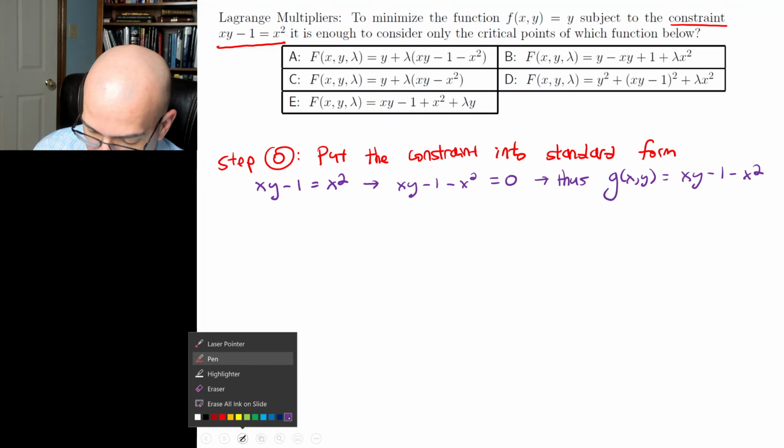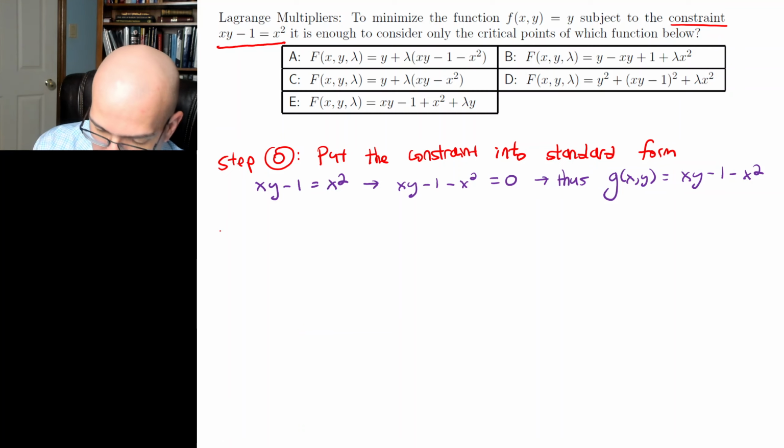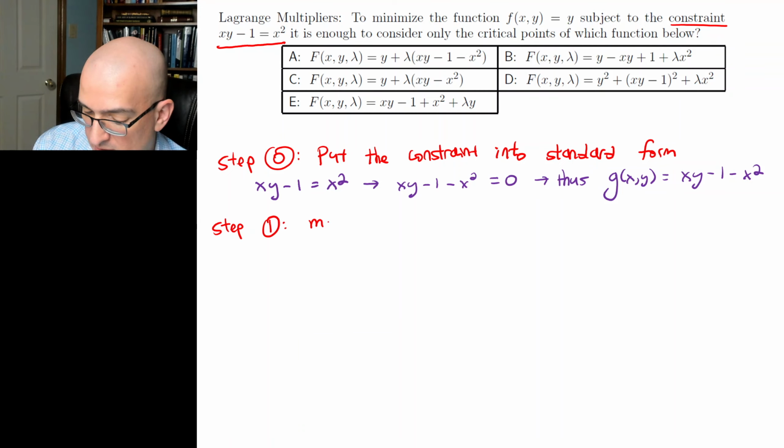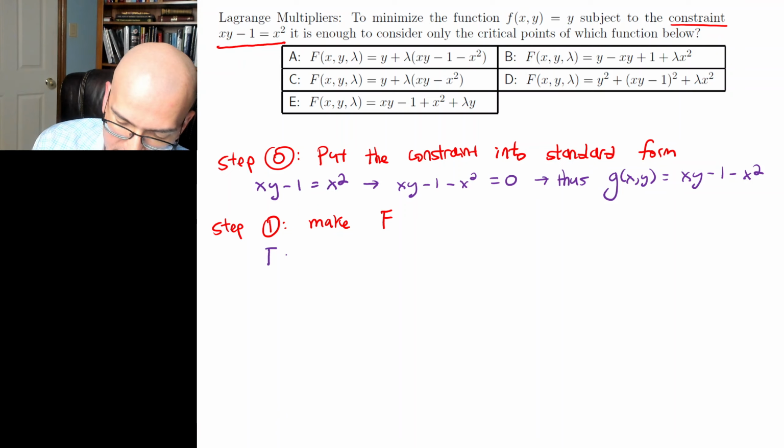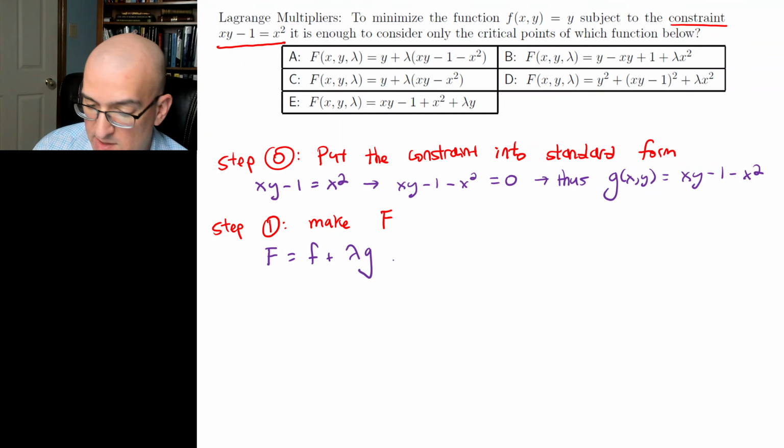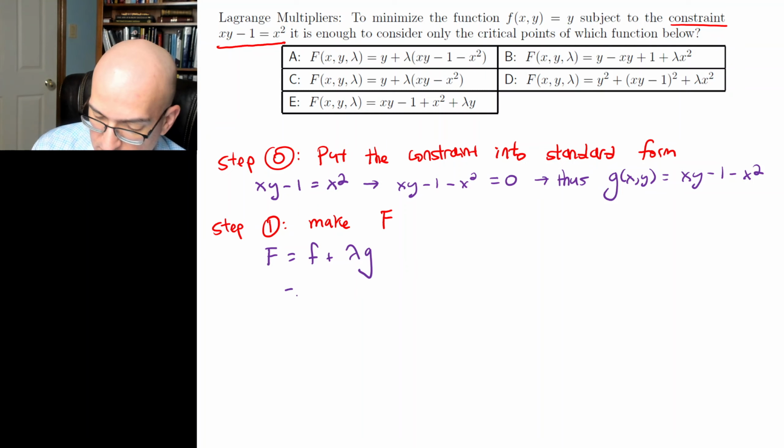Okay, now step 1, make the Lagrange function. So F is equal to little f plus lambda times g. Little f is our objective function, so y.